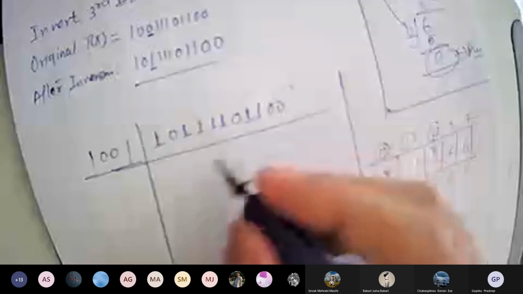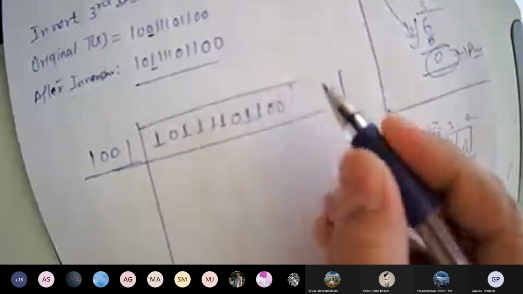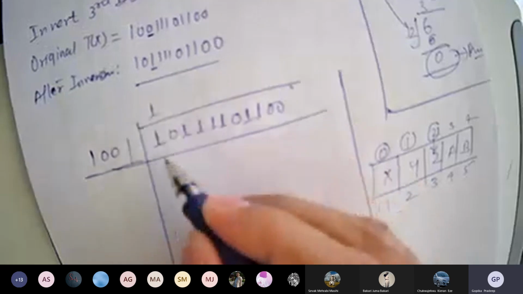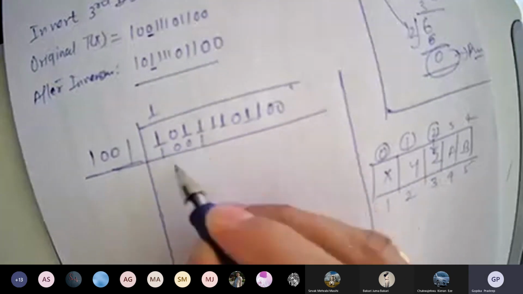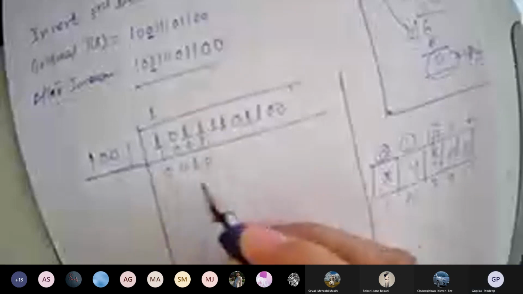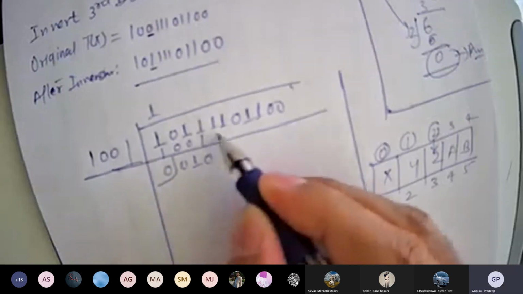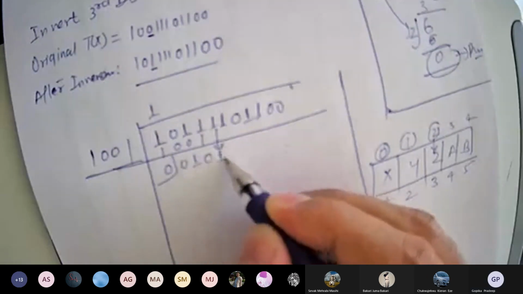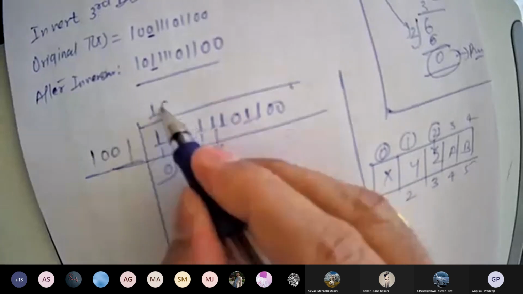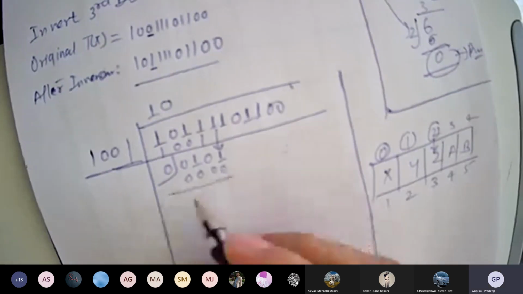So now how many times can you divide this? One time. So 1001. What will you get here? 0010. This you discard. This one you take. Now how many times can you divide? 0 times. 0000.